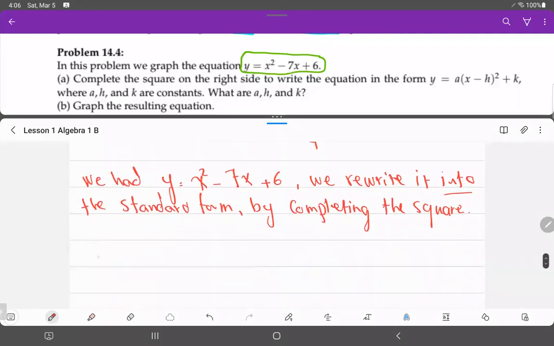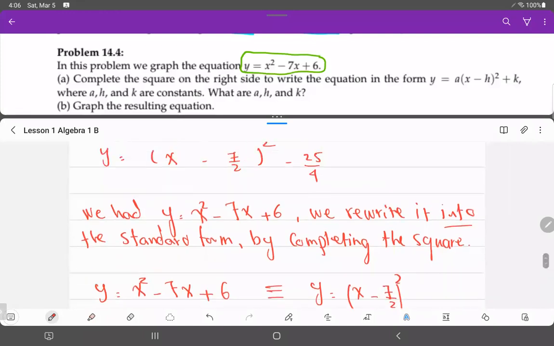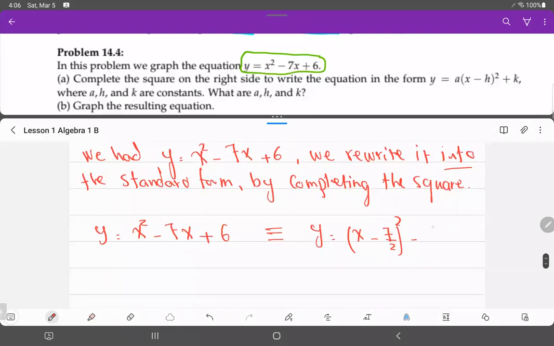So basically, y equals x squared minus 7x plus 6 is equivalent to this. These are equal, guys. I'm using 3 equivalent forms, okay?